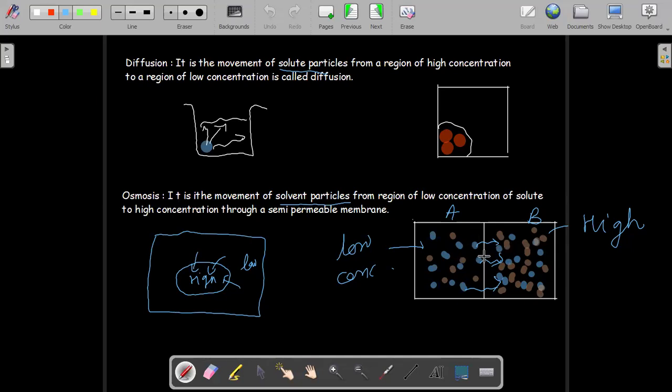So the concentration of water molecules on side A will increase, and hence we say the water is becoming pure. This is how reverse osmosis, or RO devices, work.